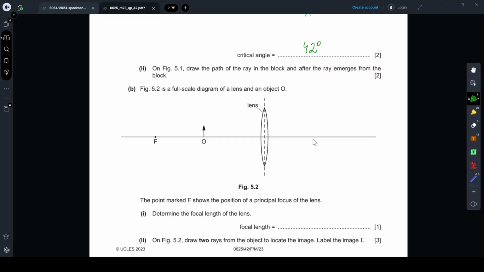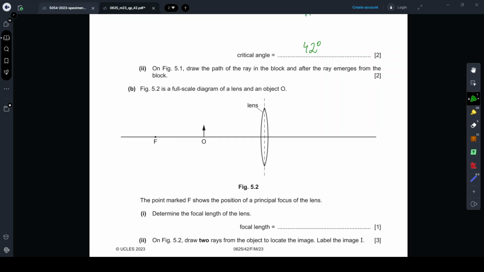Okay, so figure 5.2 is a full-scale diagram of a lens and an object. The point marked F shows the position of the principal focus of the lens. Determine the focal length of the lens, right? So you need to measure that with a ruler.